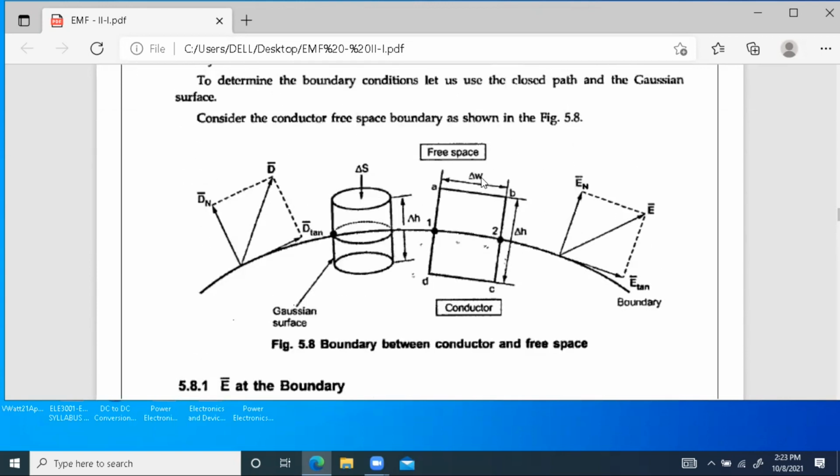We make this delta W small, so we bring A closer to B or vice versa, and they're almost touching. When they get very close together, we can assume that E is the same over that length, right? Yes, sir, fair enough.